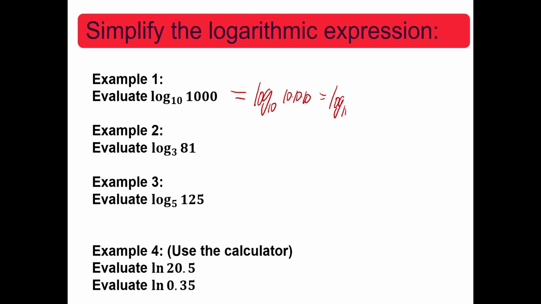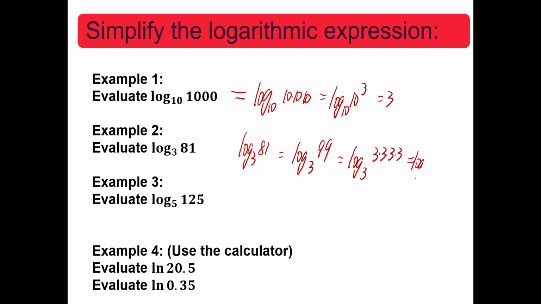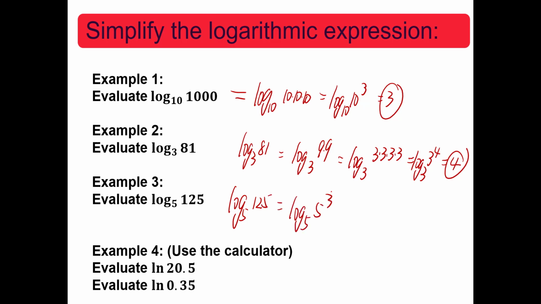So log base 10 of 10 to the third is equal to 3. Log base 3 of 81: 81 equals 9 times 9, which we can further expand to 3 times 3 times 3 times 3. Log base 3 of 3 to the 4th equals 4. And log base 5 of 125 is log base 5 of 5 to the third, which is equal to 3.